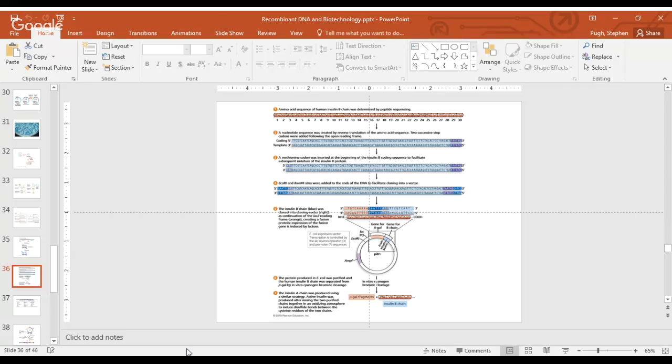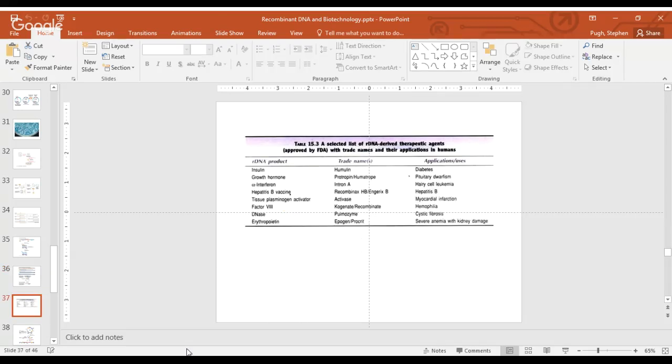It's actually producing human insulin that is identical in sequence of amino acids to the insulin that everyone produces. And it doesn't have any of the contamination that might occur by trying to extract insulin and purify it from another animal. So it's a great technique now to produce a drug that people with diabetes have to have if they're going to stay alive.